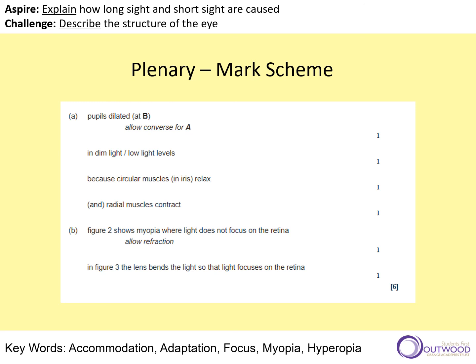Basically, if you go back to that diagram, you can flick the video back. The focus where the 2 lines crossed each other was before the retina. So it doesn't focus on the retina. What does the lens do? It makes sure that the light focuses on the retina after.